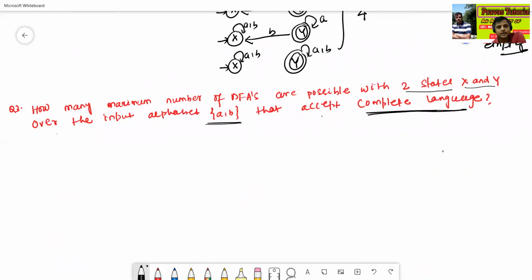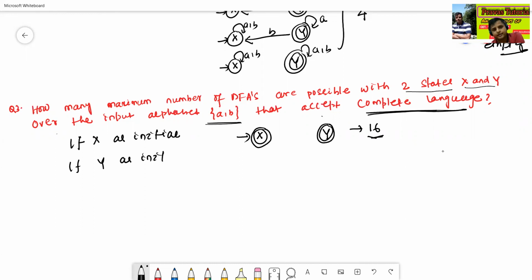We can also do some analysis. If X is initial, and both states are final states, the maximum number of DFAs is 16. Similarly, if Y is initial, the maximum number of DFAs is 16 that will accept the complete language.